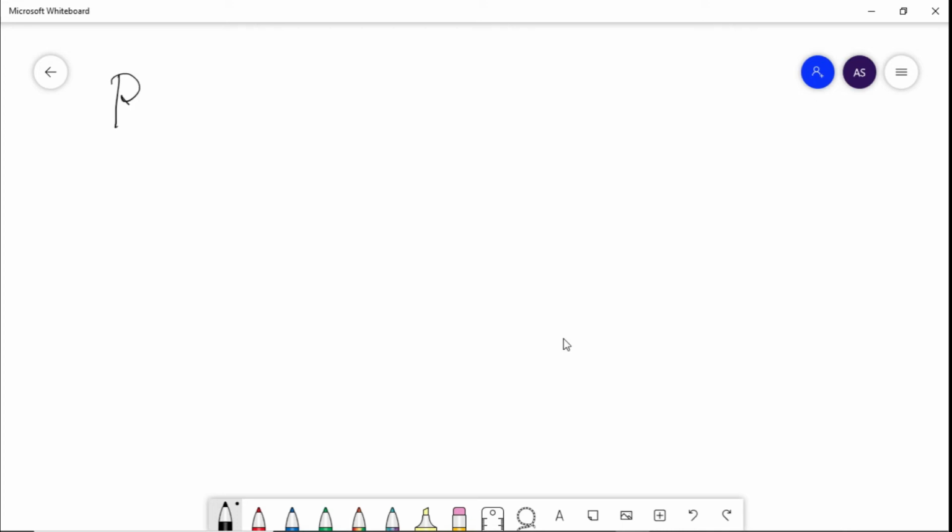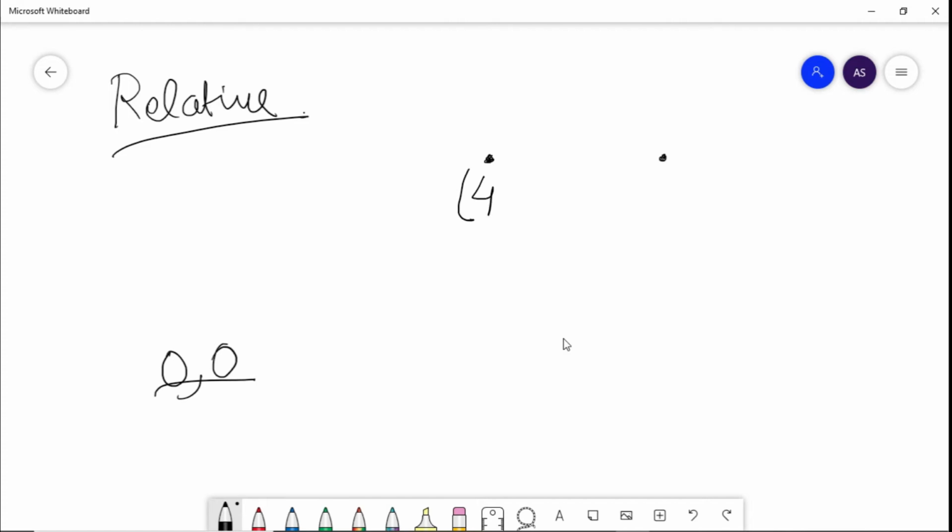So in the relative coordinate system, we will still be taking 0, 0. Now you will see the difference here. For example, this is the point, and then this is the point. Now to reach this point, it says that this point is located at 4, 3.